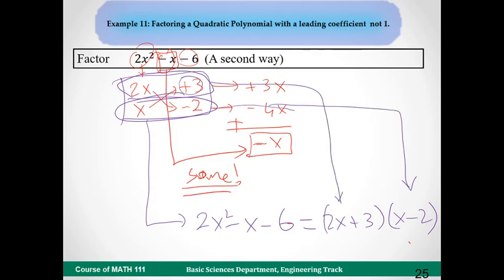It's plus 3 and negative 2. And here, you write them this way, like x minus 2 and 2x plus 3. When checking them, you will use cross multiplication. But when writing them as factors, you have to write the same terms on the same row, okay?